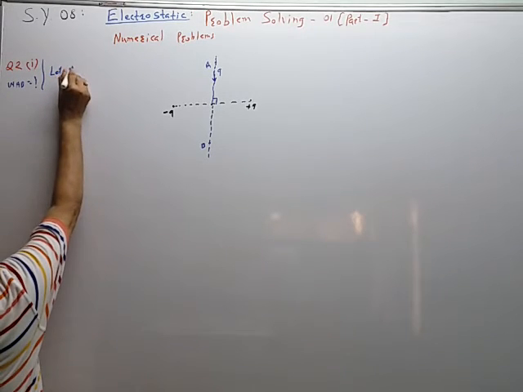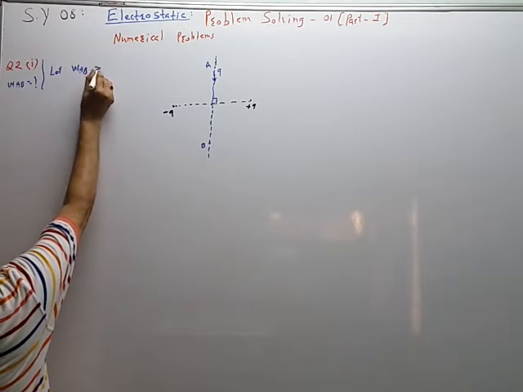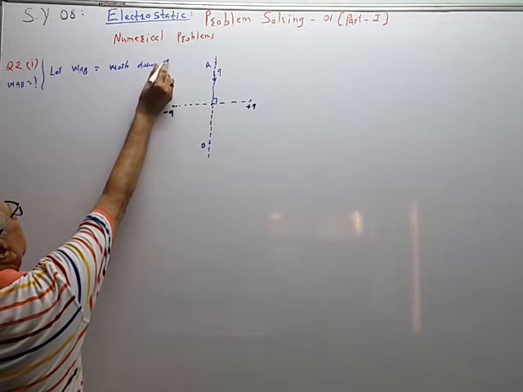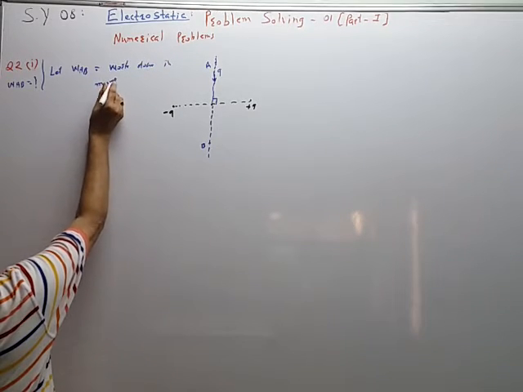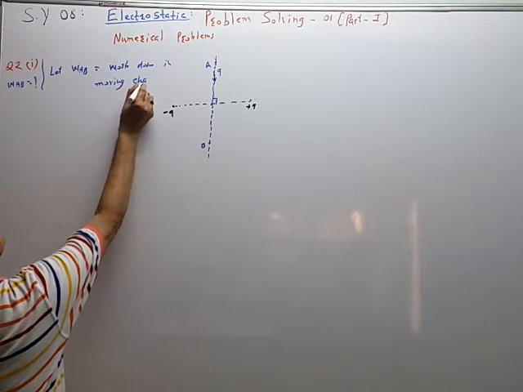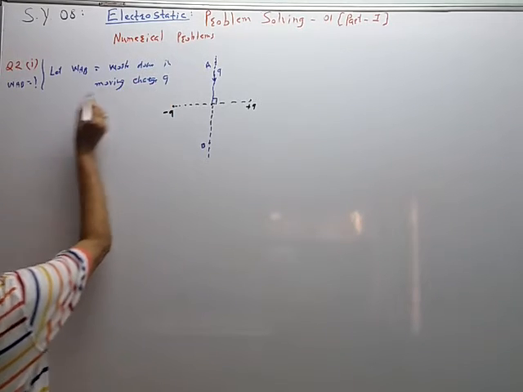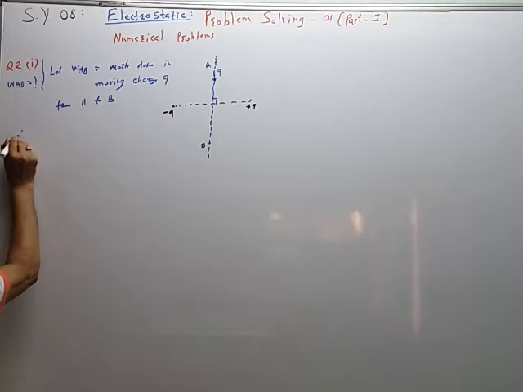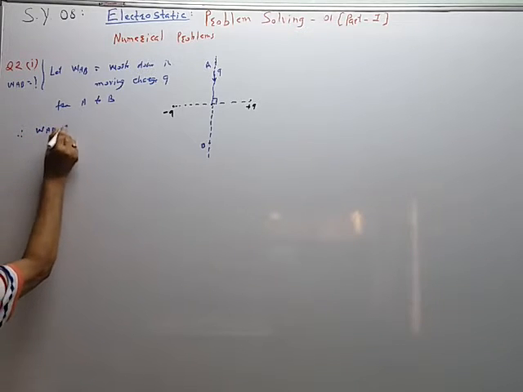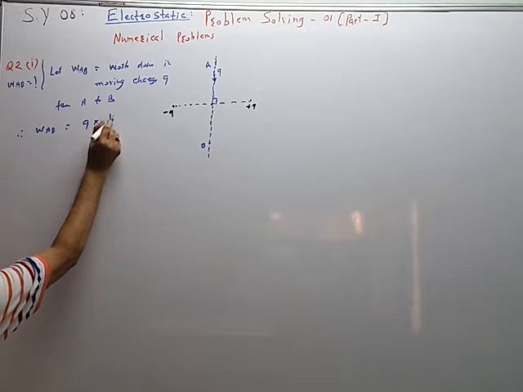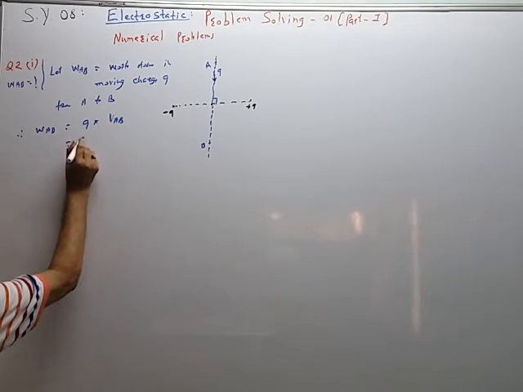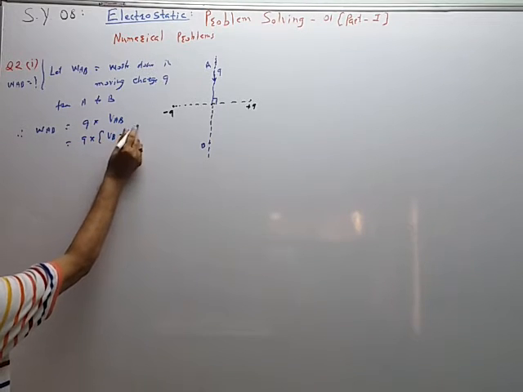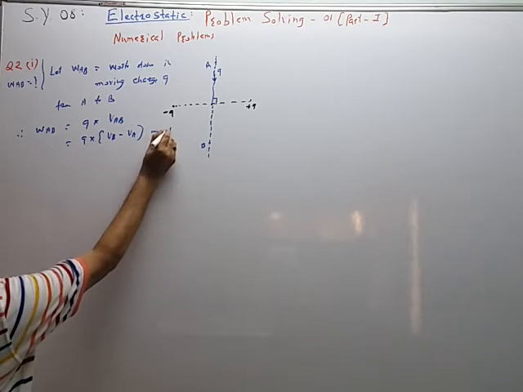Let WAB be the work done in moving the charge Q from A to B. Therefore, WAB is equal to charge to be moved multiplied by VAB, is equal to Q multiplied by VB minus VA. This is equation 1.